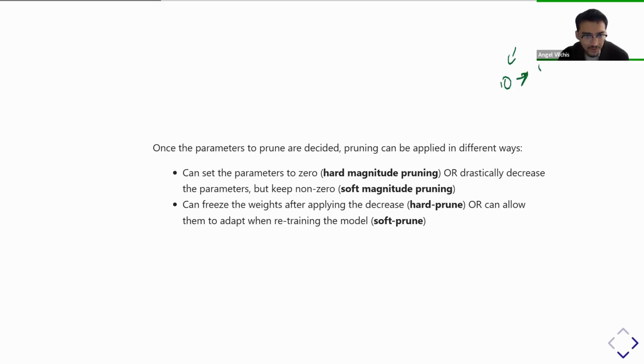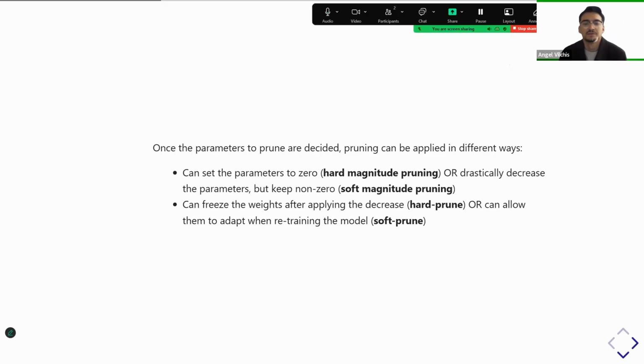We can either retrain the model completely, even allowing the weight that we zeroed out to be retrained, or we can freeze that weight that we zeroed out or dramatically decreased, and it won't be allowed to move around. That's the idea of hard pruning versus soft pruning. That's assuming we already know which weights to prune. So now the question is, what weights do we prune?